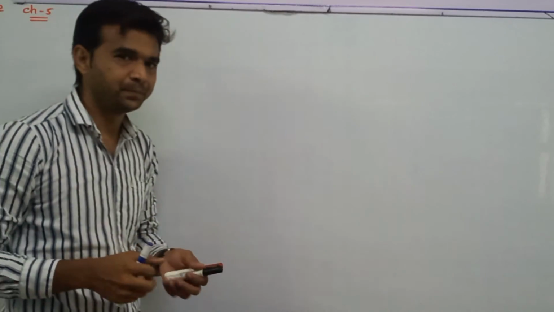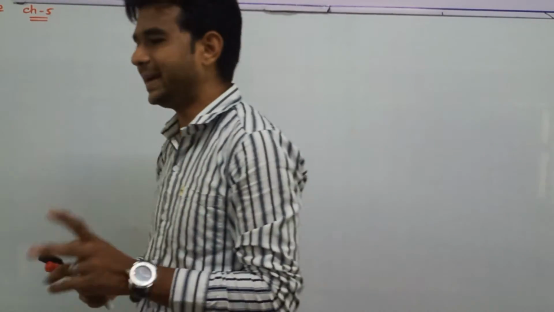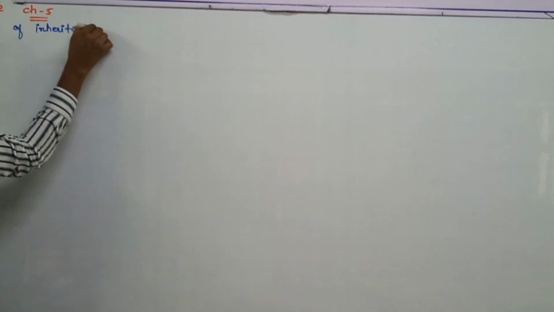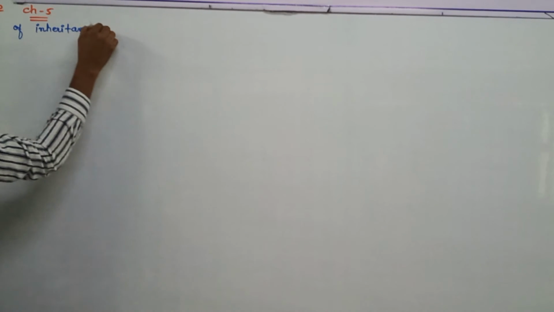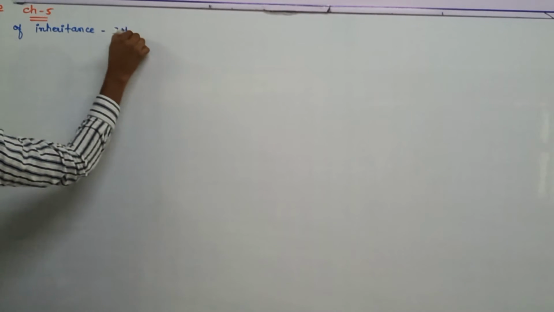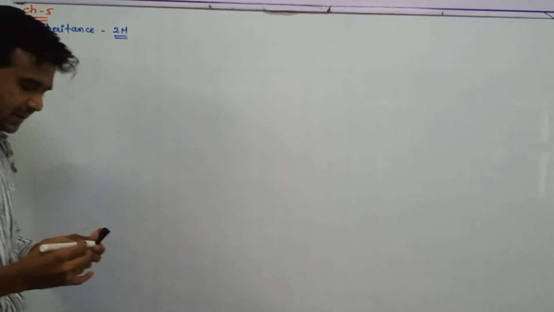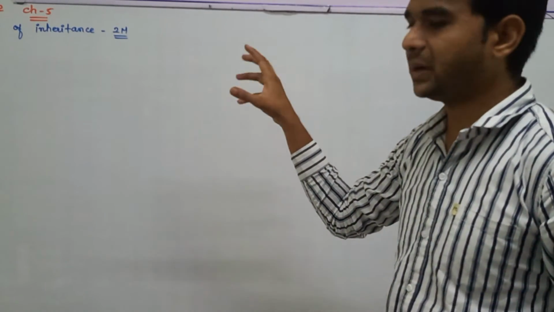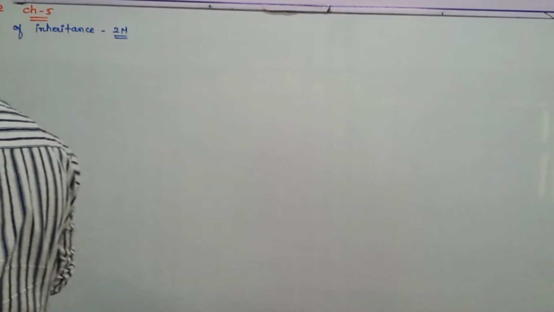The laws of inheritance. After completion of the Mendel monohybrid experiment, there are two laws of inheritance. Laws of inheritance by Mendel. Fine, 2 marks. So if the monohybrid experiment is asked in 4 marks, don't write these laws. But here there are two laws of inheritance.